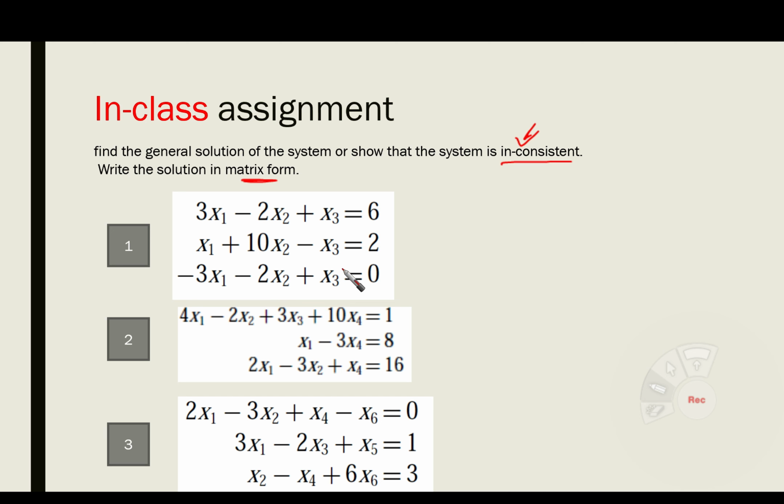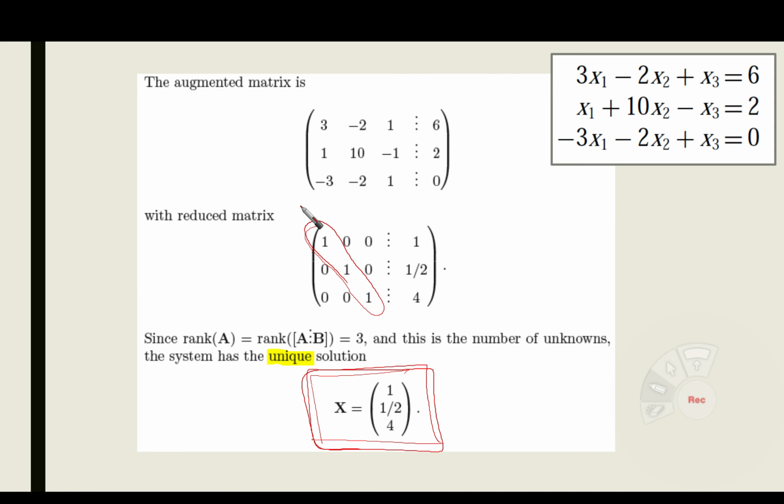Now let's solve the first one together. I hope that you have gone and come back to see the right answer. This is our system.